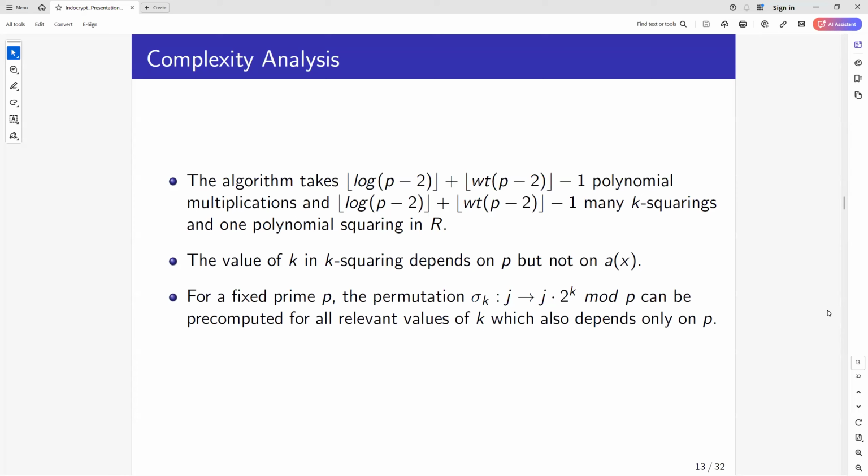Because irrespective of the degree of the input polynomial, it always performs log p minus 2 plus weight p minus 2 minus 1 many polynomial multiplications and k squarings. And this p is public. Also, using the 2 to the power k squaring, the permutation can work so that we can pre-compute all the values by permutation, and then use them during the implementation or during the main loop iteration.